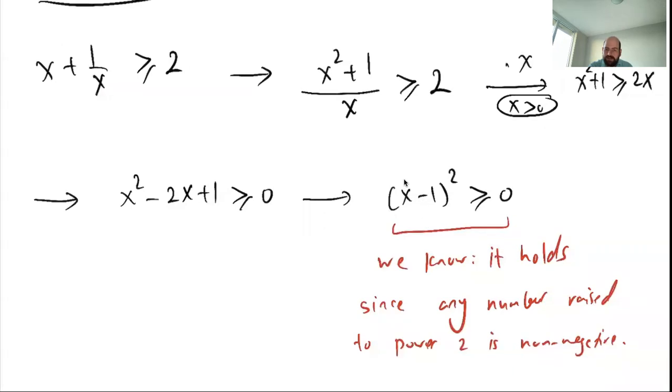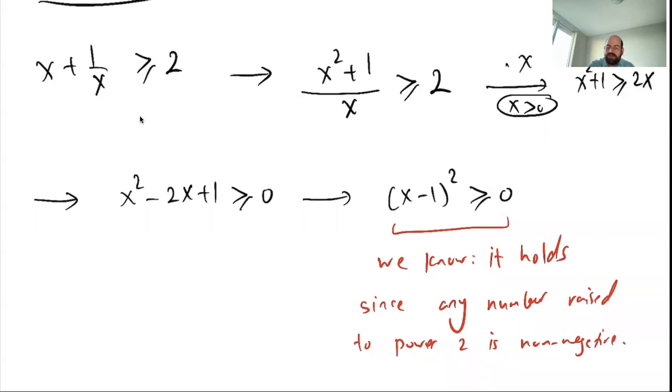So I have to start with this, conclude this, then this, then this, and then conclude the one that I want to show. But I did the opposite. I started with my goal and reached something I know is true. But the logical procedure is to do the opposite. Start with what I know is true, then conclude this, then this, then this.